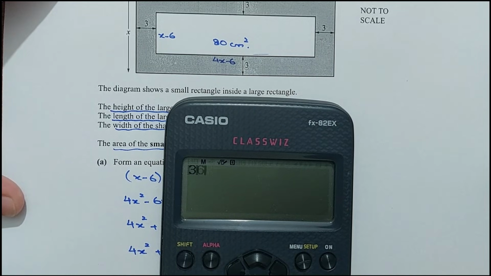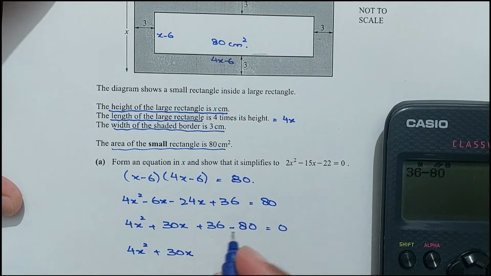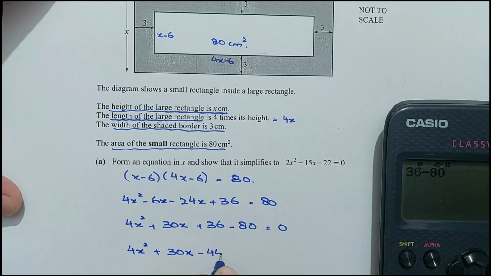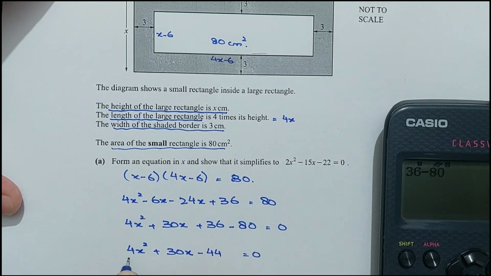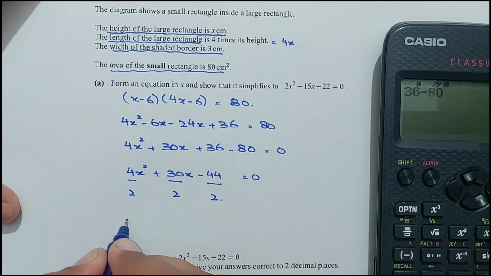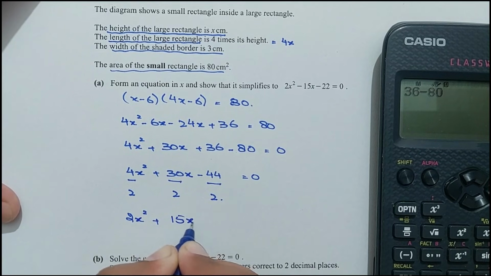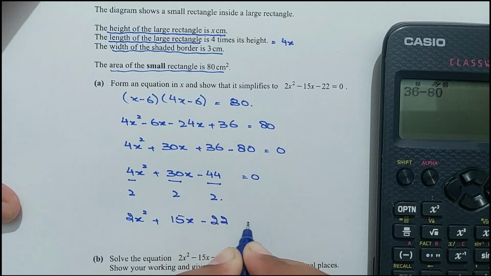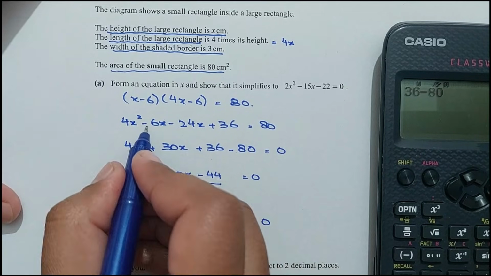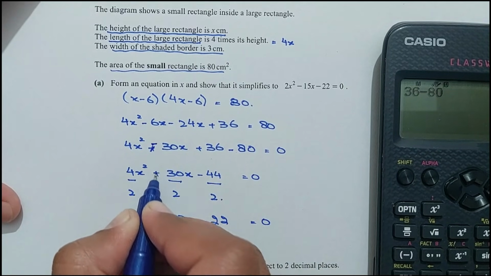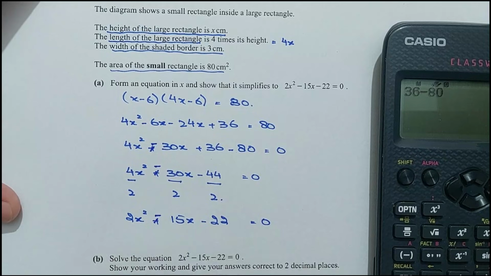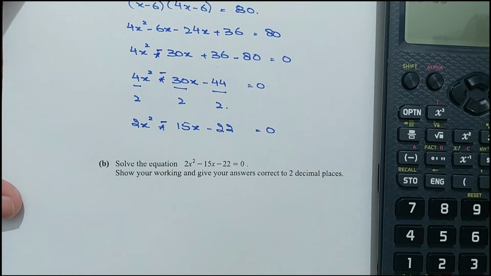So 36 minus 80 is minus 44 equals 0. Now let me divide throughout the equation by 2. 4 divided by 2 would be 2x squared. This would be 15x and this would be 22 equals 0. So negative and negative makes negative, not positive, sorry. This is exactly the same, 2x squared minus 15x minus 22.